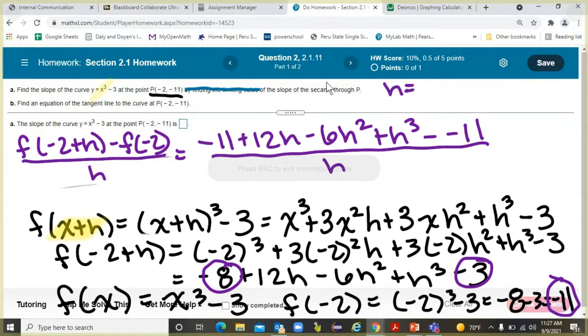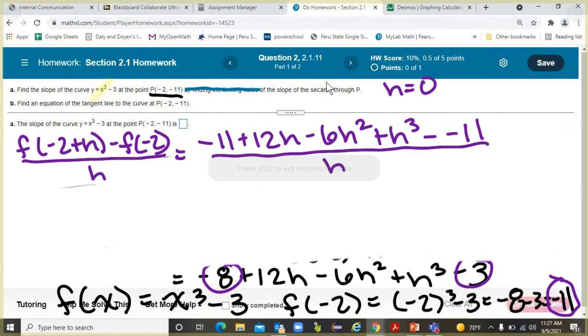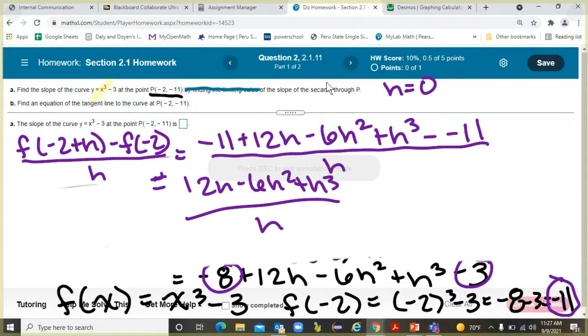And then remember, we want h to be 0. We just can't plug that in yet. So we have -11 plus 11, which goes away. So we have 12h minus 6h squared plus h cubed, all divided by h.